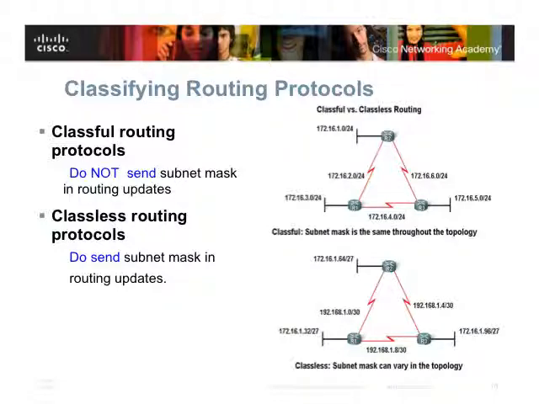Another classification of the dynamic routing protocols is what we call classful and classless. And I assume that we are all familiar with what classful and classless mean. For classful routing protocols, the IP address itself indicates the class. As we have studied in 455, we have class A, class B, class C, and class D and class E are used for multicast and so on.